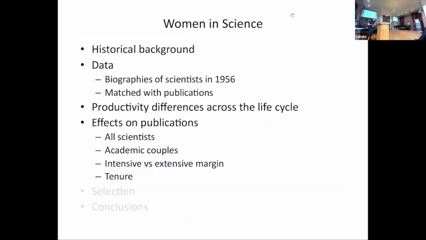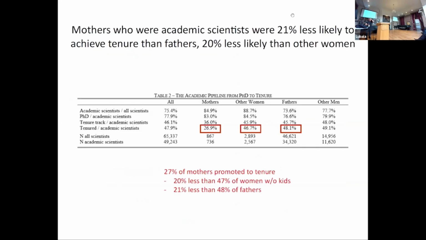So now let's actually look at what that does to tenure. And this is another really nice feature of the data, because we have data on career progressions. So we can actually look at mothers who are academic scientists and whether they get tenure.